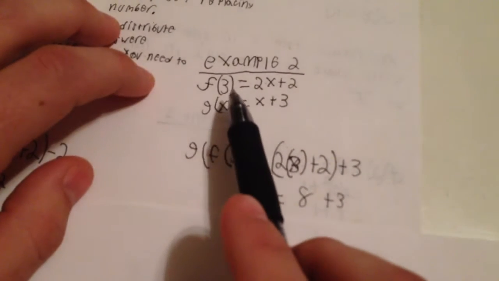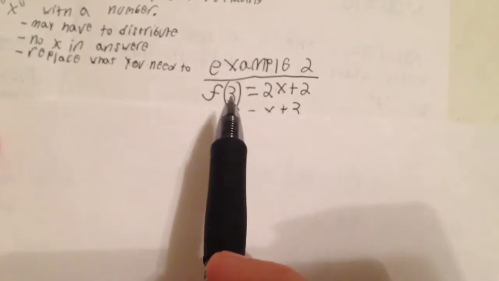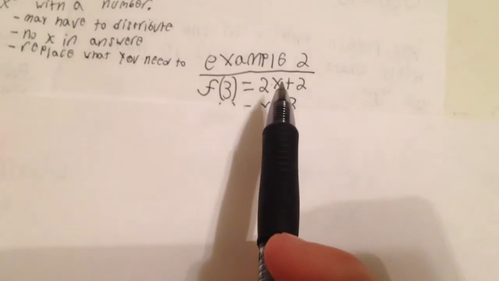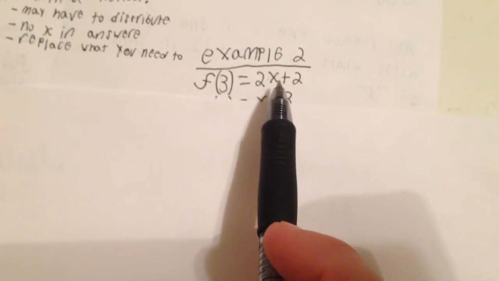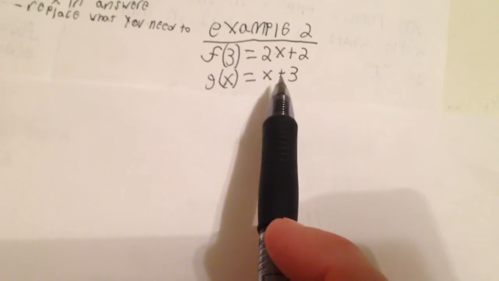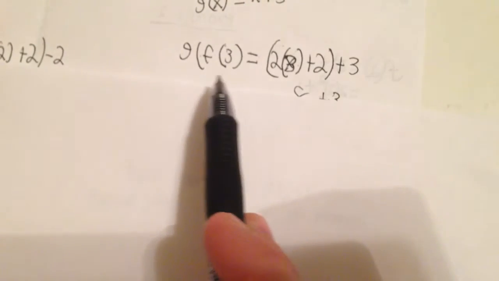F of 3 equals 2x plus 2. So you take the 3 and replace the x with the 3. So it'll be 2 times 3 plus 2, and then replace all that into x, and it'll look something like this.